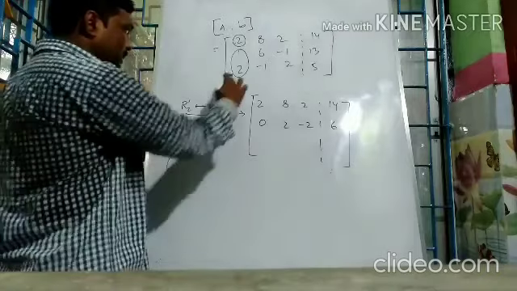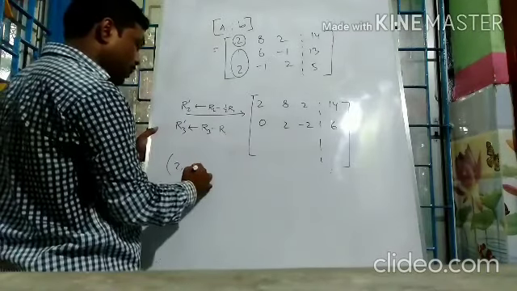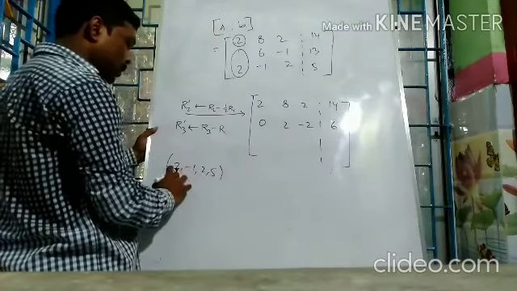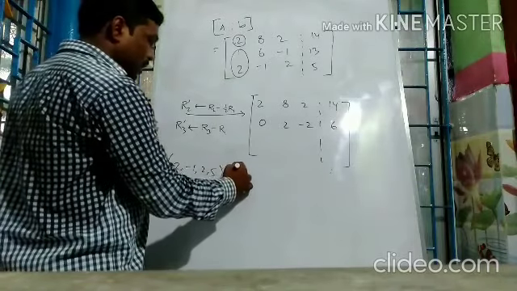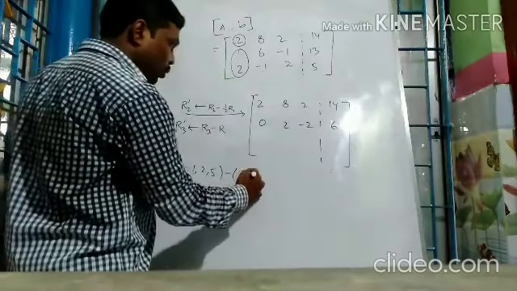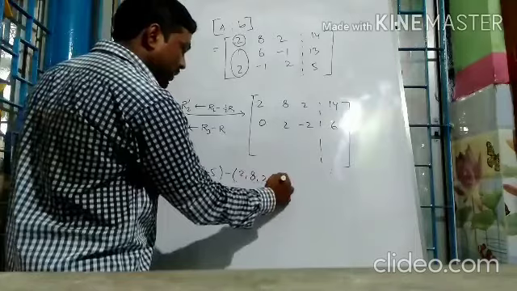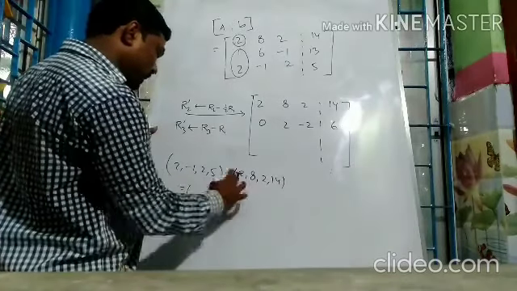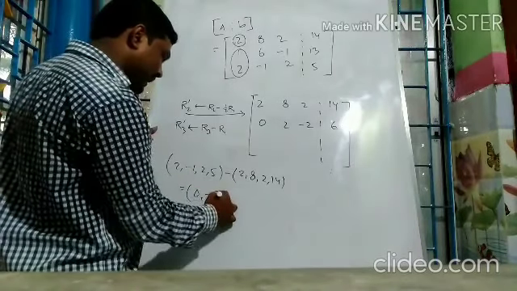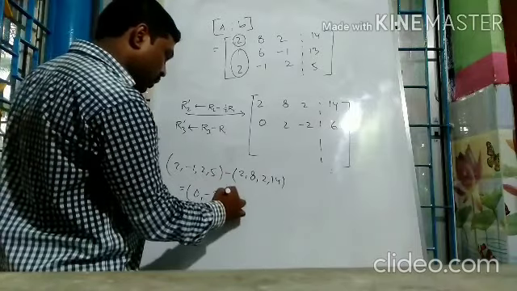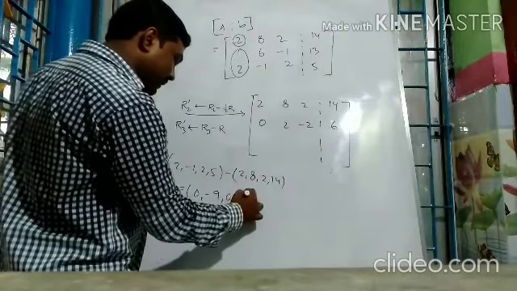R3 is 2 minus 1 2 5, minus R1. R1 is 2 8 2 14. So 2 minus 2 is 0. Next, minus 1 minus 8, that is minus 9. 2 minus 2 is 0. 5 minus 14, that is minus 9.